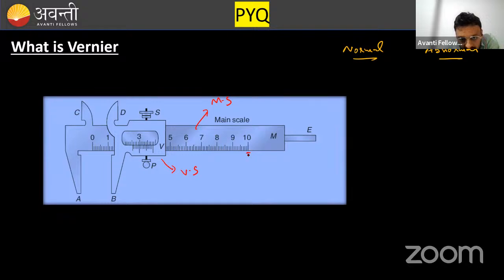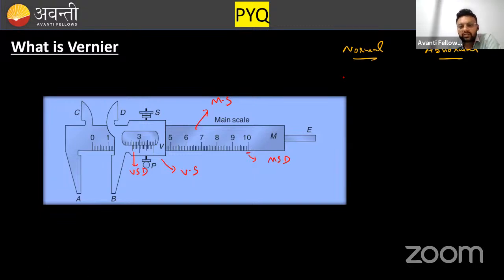The minimum or least division, we call it main scale division. And this vernier scale also has some divisions, which we call vernier scale divisions.